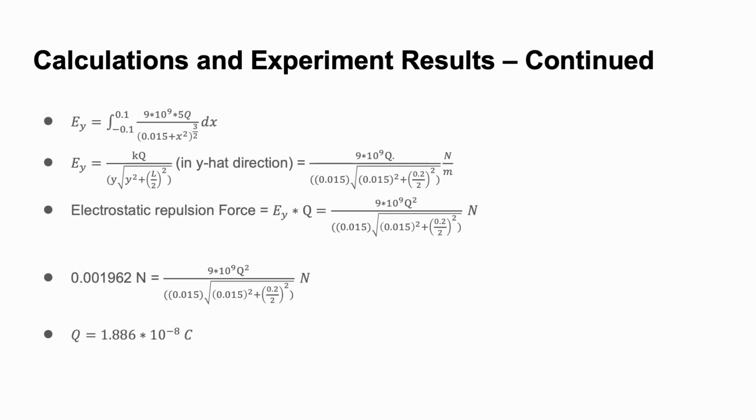Continuing on, after finding the electric field from the lower tape using the distributed charge rod equation provided to us in class, we equate the electric force from the lower tape to the gravitational force acting on the upper tape, and we find that both pieces of tape have approximately a charge of 1.886 times 10 to the negative 8 coulombs.